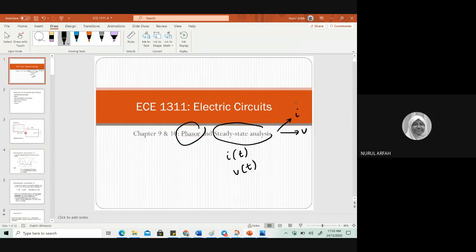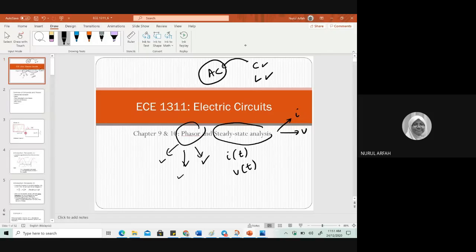Okay, so phasor has three ways of representing this. I will let you know after this, but the main idea is that when you want to have AC, you need the phasor form. There are 3 types of phasor forms, and only under AC condition will the capacitor and inductor work properly. So you need to understand how they behave under AC.